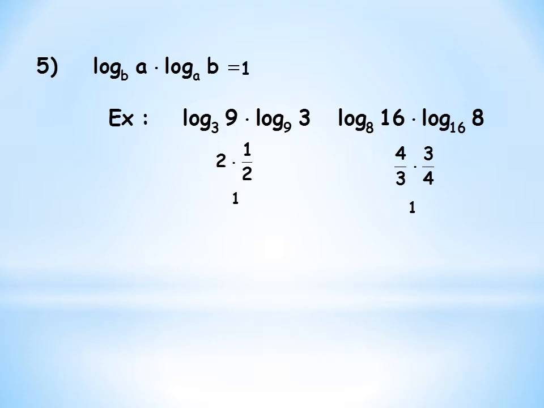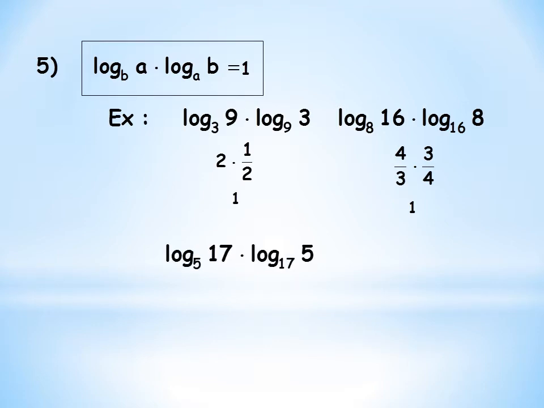So anytime you have two logs multiplied together where their bases and the numbers switch, it's always going to evaluate to 1. So if I have the log 5 of 17 times the log 17 of 5, what will that equal? 1.